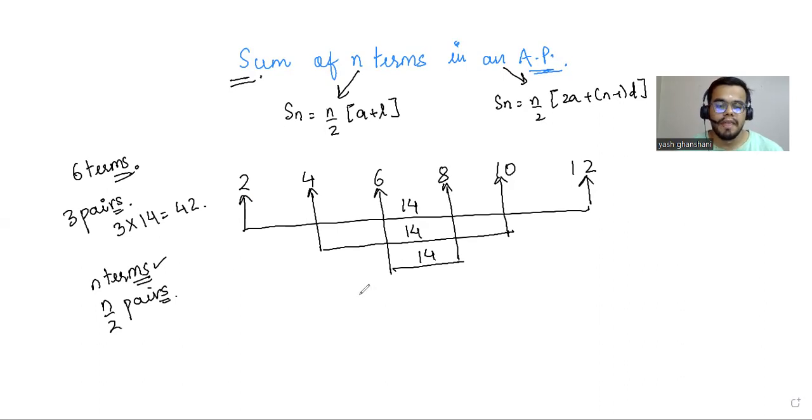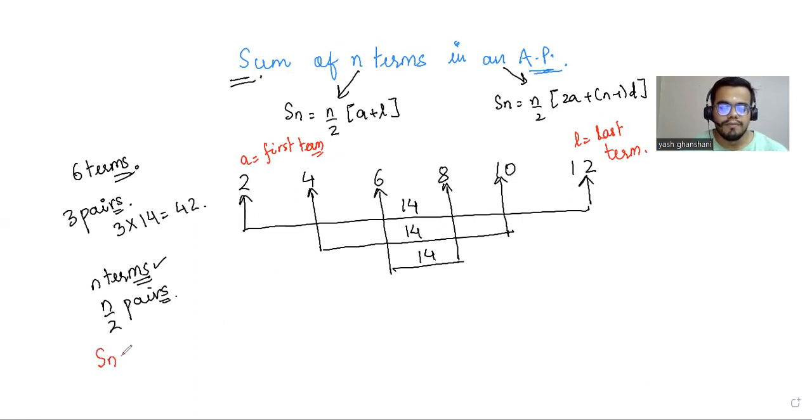And if we observe carefully, each pair formed has a fixed sum. Here a is the first term, and 12 here is the last term of the sequence. So each pair has a fixed sum which is equal to first term plus last term.